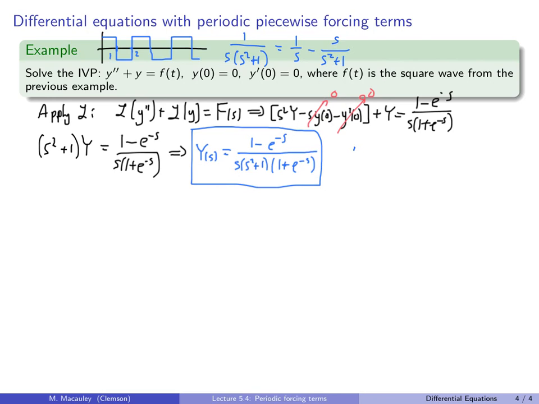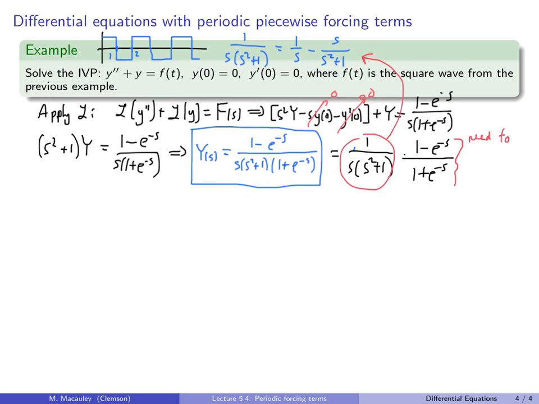So we can write this as, let's pull out that part, 1 over s times s squared plus 1, and then the other part is 1 minus e to the minus s over 1 plus e to the minus s. So this thing here, we just apply that rule. And then this thing here, we need to simplify more.